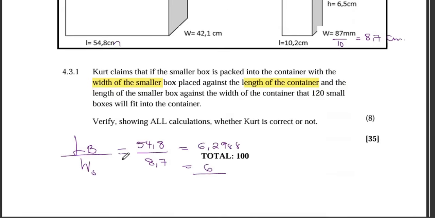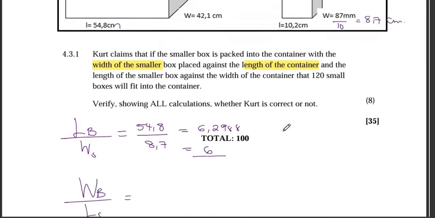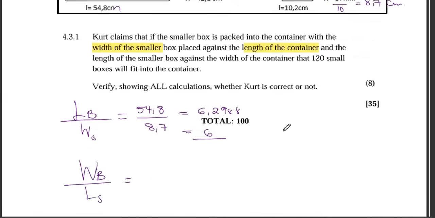Meaning this is automatic, that if the width of the smaller box is facing the length of the bigger box, that means the length of the smaller box is facing the width of the bigger box. The width of the bigger box, they're telling us, is 42.1.